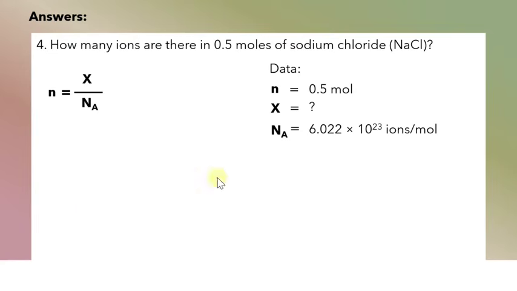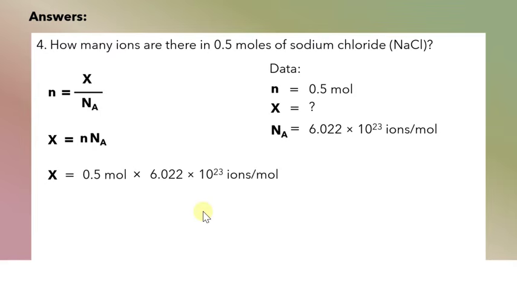We have changed to ions because we have ions here. So we'll make X the subject of the formula, because that is what we are looking for. X is equal to number of moles times Avogadro's constant. So X is equal to 0.5 moles times 6.022 times 10 to the power 23.